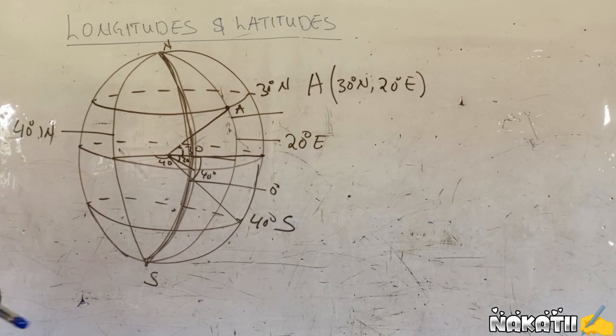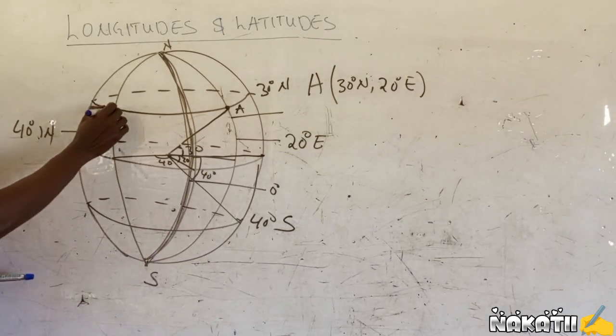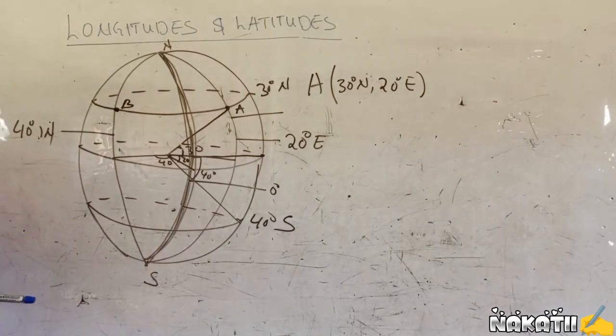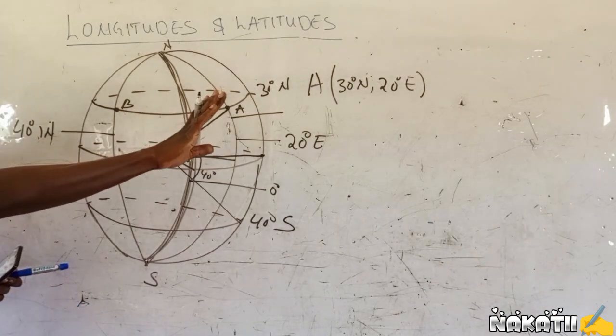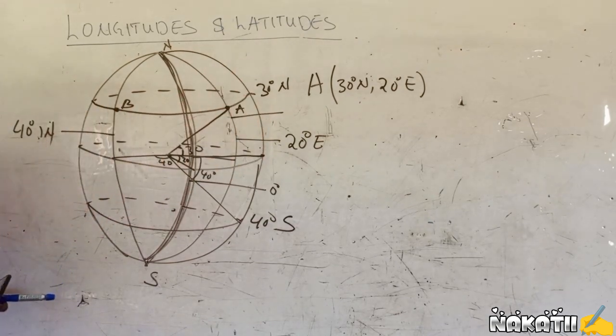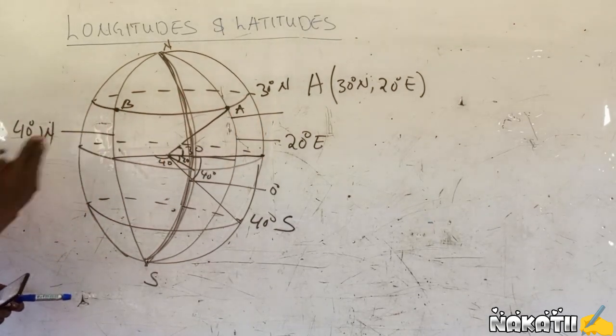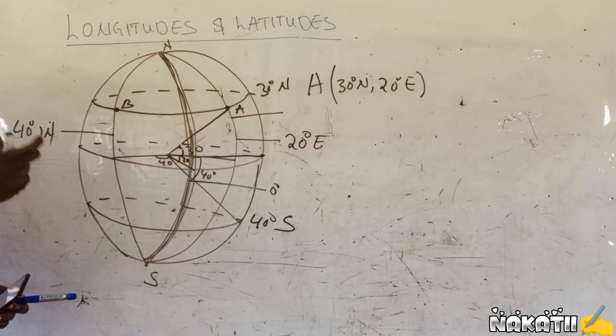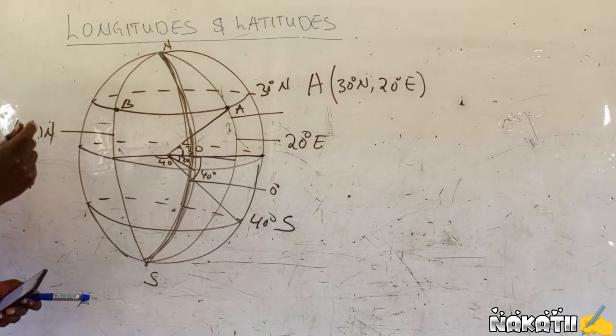Then the next thing is the angle between two points. For example, if I have point B here, and I'm told to get the angle between A and B, they are on different sides of the Greenwich meridian. This one is on 20 degrees east. This one is 40 degrees west. So if they are on different sides of the Greenwich meridian, to get the angle between them, you add.